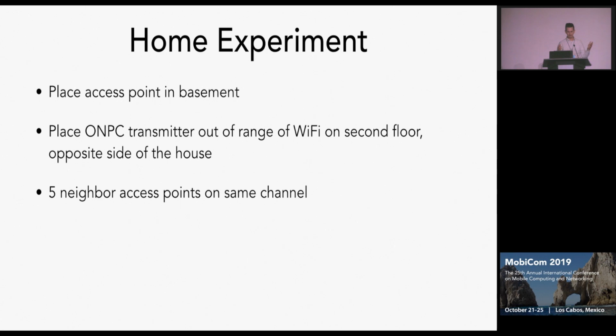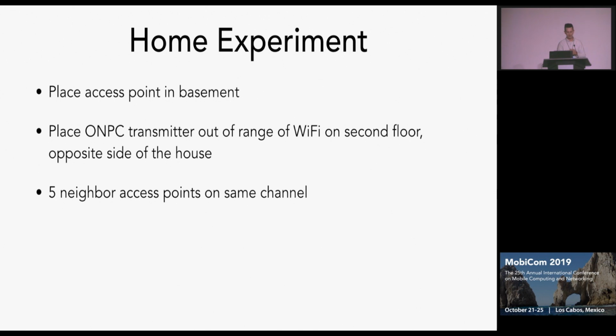Then we took our system to a home, a more fitting application for these air quality sensors, and we placed our ONPC transmitter. First we put the access point down in the basement on one corner of the house, and we found a dead spot in the home on the other corner on the 2nd story, and we ran our ONPC transmitter. There was plenty of interference here.